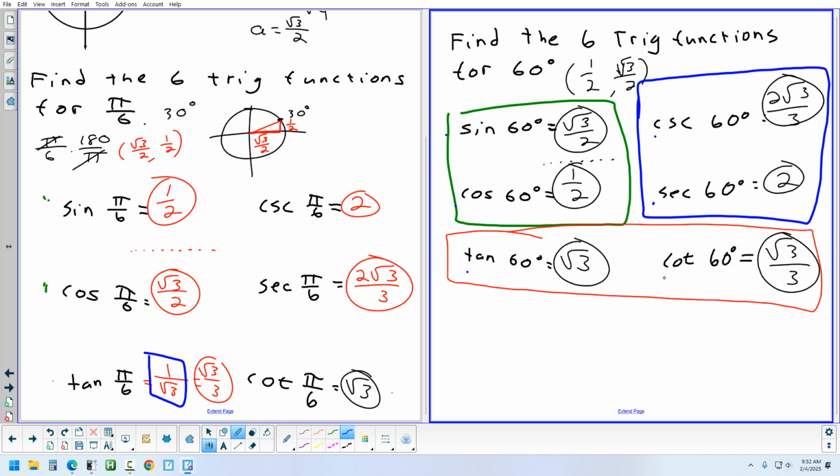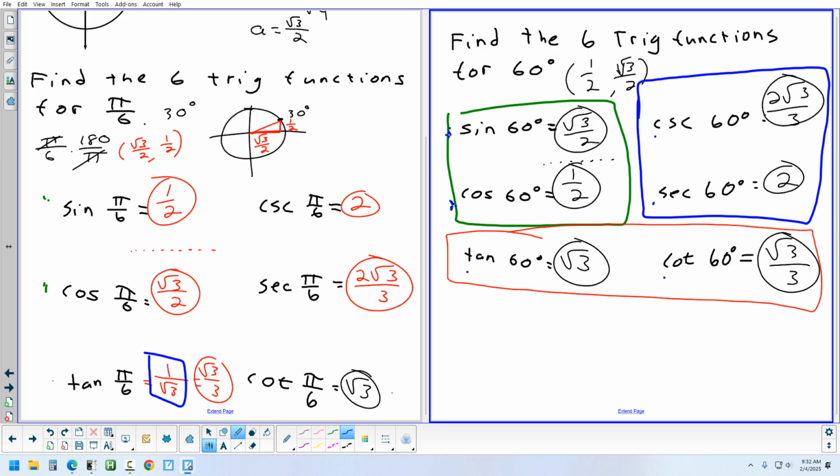Those are called co-functions. Tangent and cotangent are special because you can flip one to get the other, and they are also co-functions. The other ones are not. You don't flip sine to get cosine. It doesn't work that way. They are co-functions, but sine and cosecant are the ones you flip to get each other. So that part's a little different.